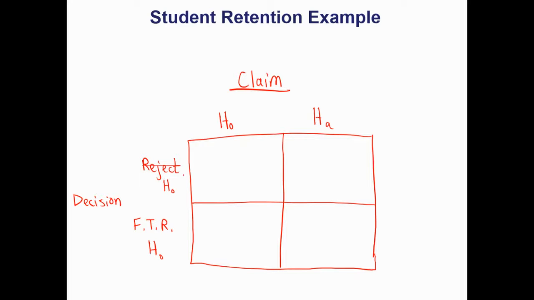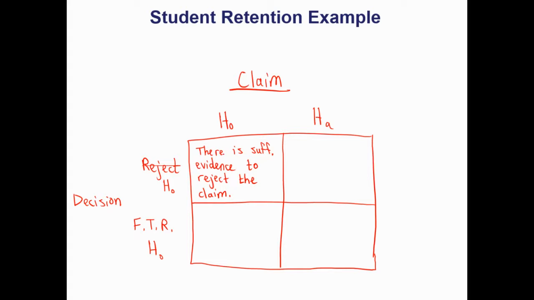So if we reject the null and the claim is the null, then what are we saying? There is sufficient evidence to reject the claim. The claim is the null and we just rejected it. So there's sufficient evidence to reject the claim.